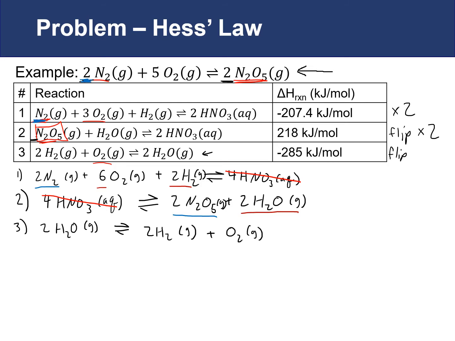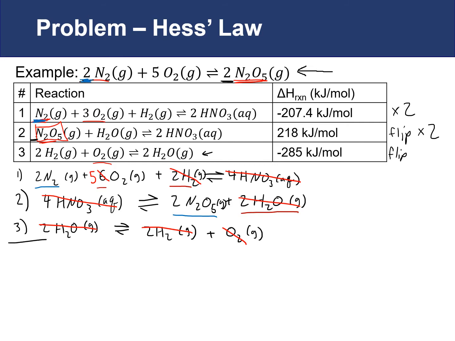Now if I look at how things are going to play out, these 2 hydrogen here cancel out the 2 hydrogen here, these 2 waters cancel out those 2 waters, and this oxygen is going to cancel out one of those, giving me 5 oxygen left. And so if I look at the components that I have from my 3 reactions that I'm about to add together, you can see that they will sum up to be my overall equation.